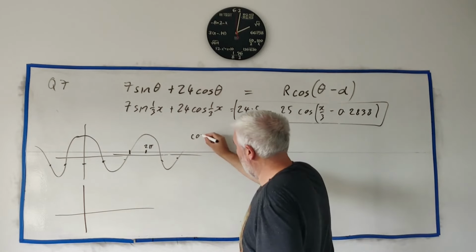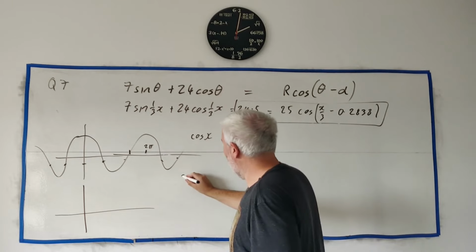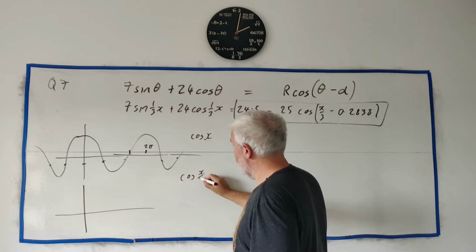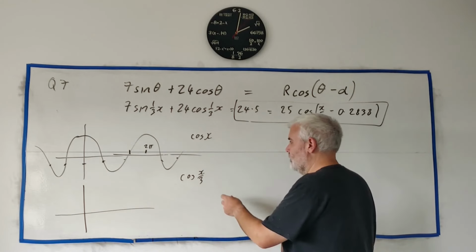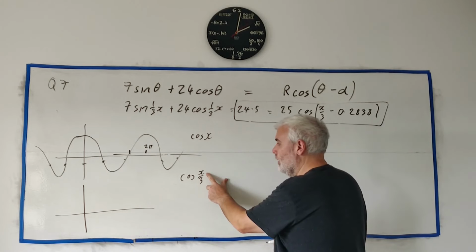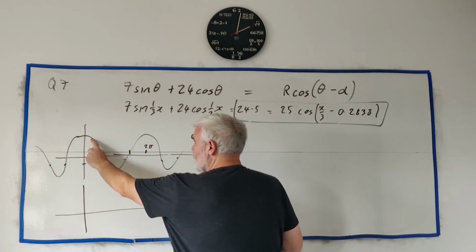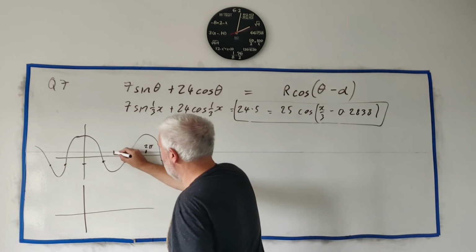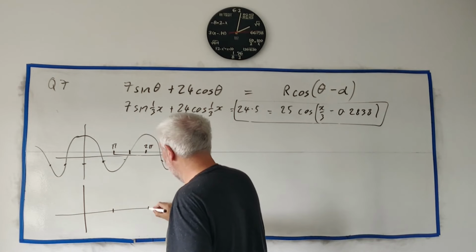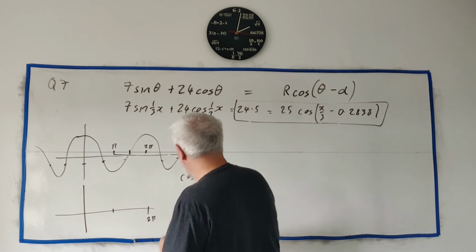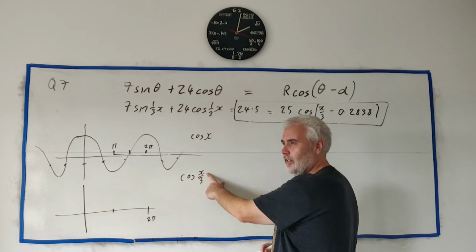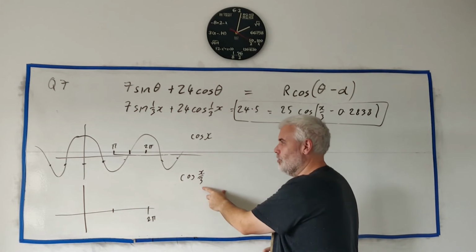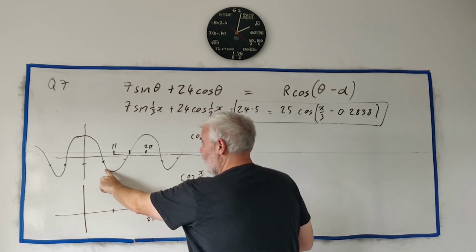This is a cosine x. Cosine of x over 3 would just look like, so if you put in pi here, we would actually get pi over 3, which is this one. So here's pi. If I put 2 pi in, I actually just get 2 pi divided by 3, which is somewhere like around here.